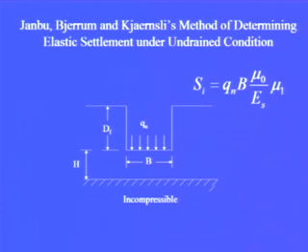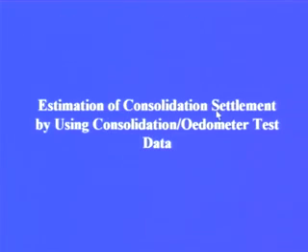So, using that chart we can obtain the value of mu 1, and then when we substitute in this equation we get the elastic settlement. Now, in order to determine consolidation settlement, we use the data obtained by the consolidation test or odometer test.